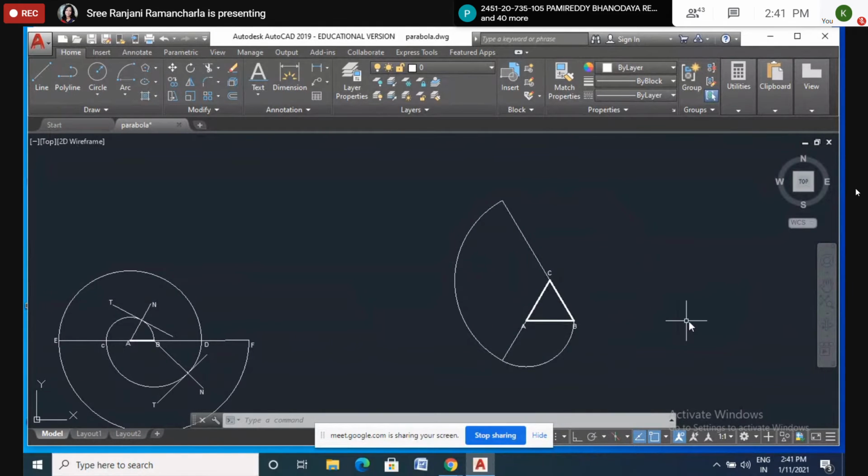So how much length do we have to extend to bring this curve in this way? Any one of you? To bring this curve in this way, how much length do we have to extend?